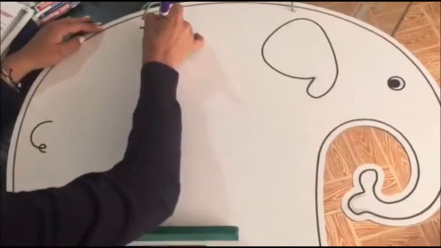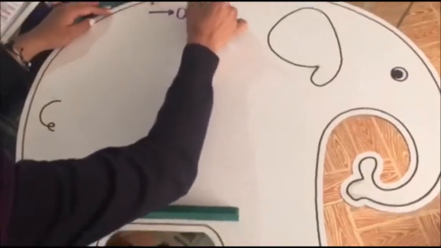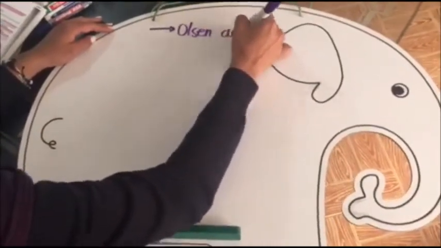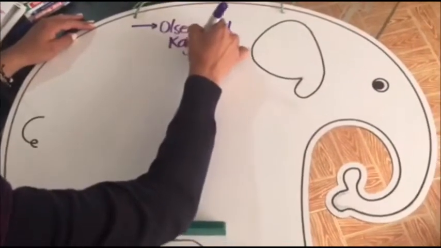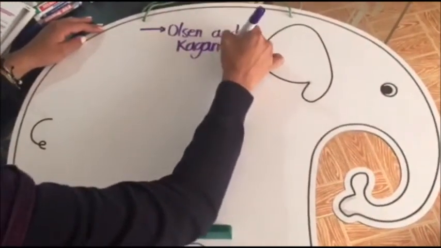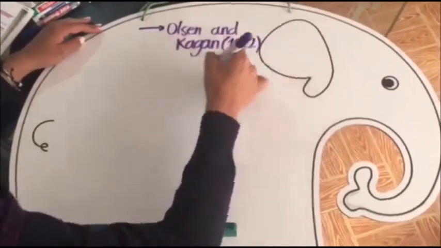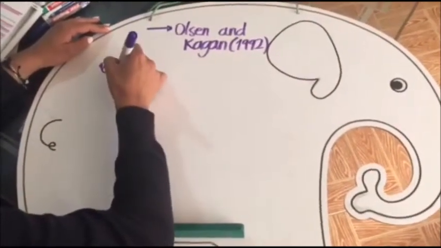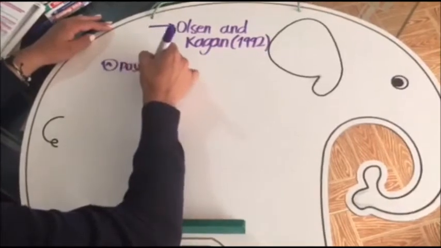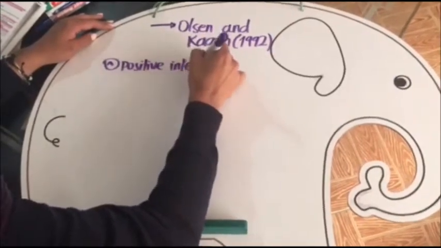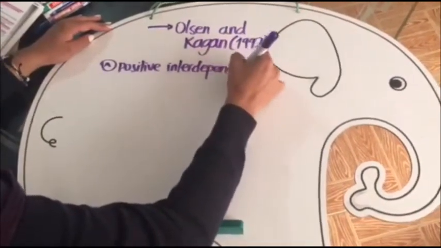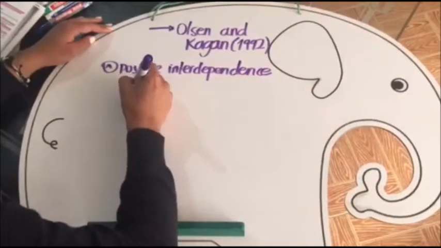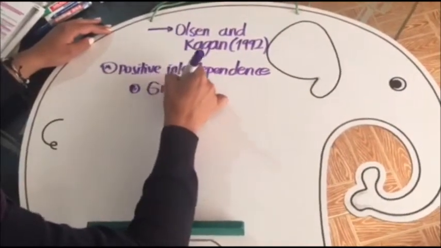Olsen and Kagan in 1992 proposed the following key elements of successful group-based learning in cooperative language learning. The first one is positive interdependence, which builds a spirit of mutual support within the group. The second one is group formation, and it creates positive interdependence.